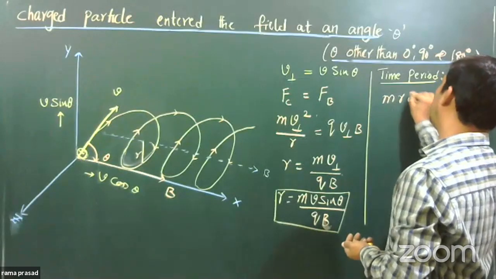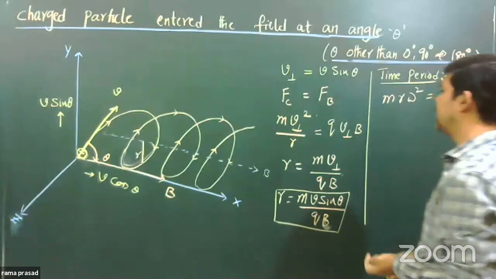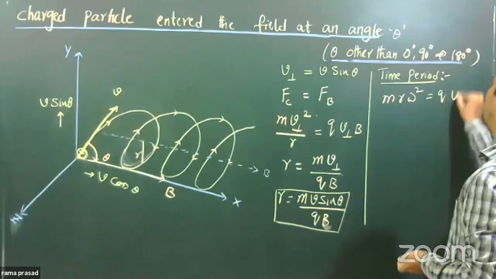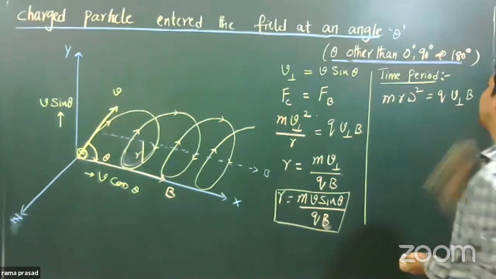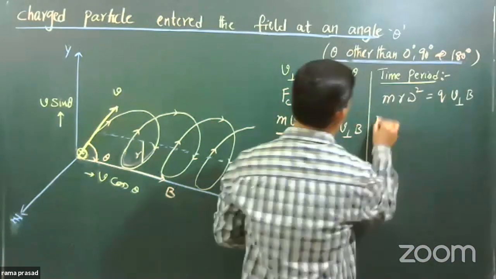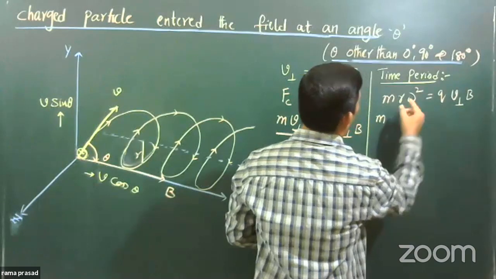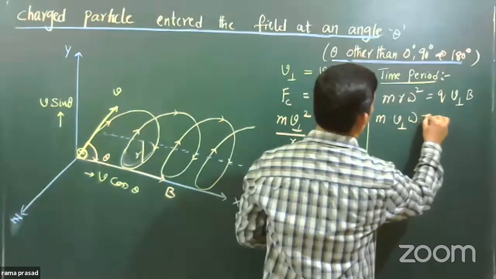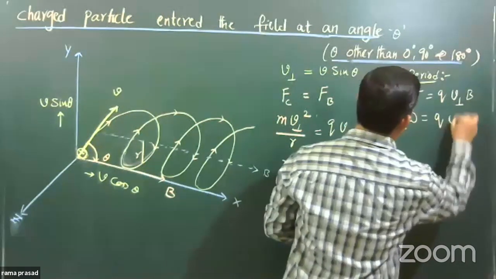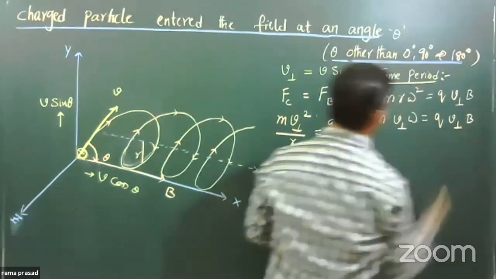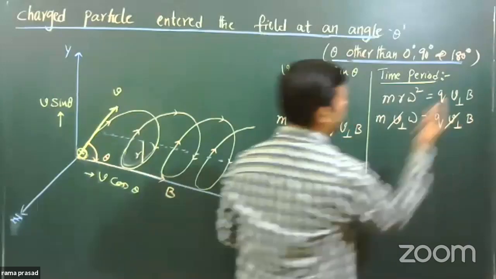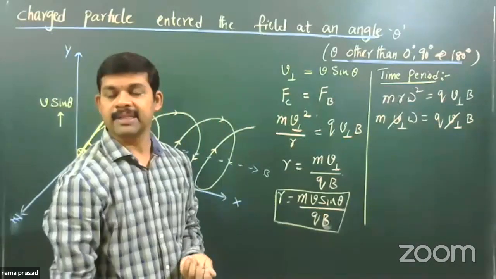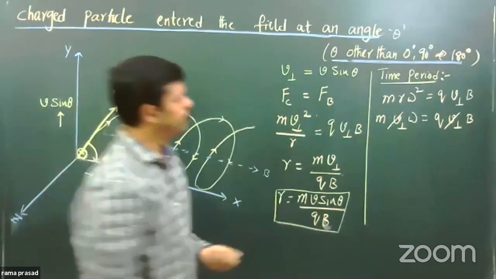M R omega square is equal to Q V perpendicular B. Here M R omega B perpendicular into omega, Q V perpendicular into B. On both sides the perpendicular component gets cancelled out, the velocity component.